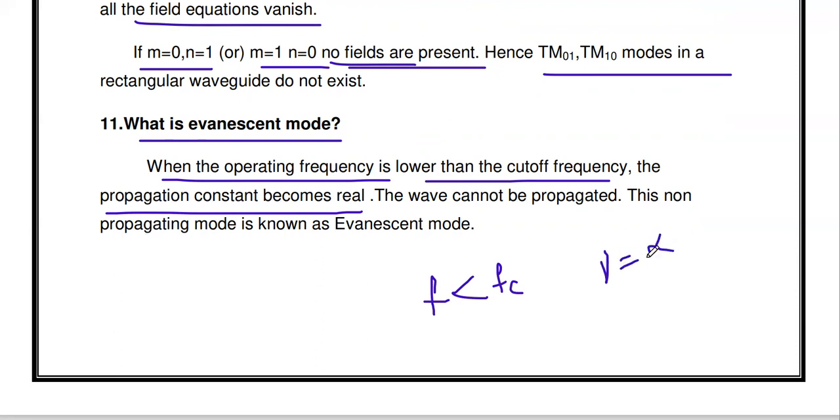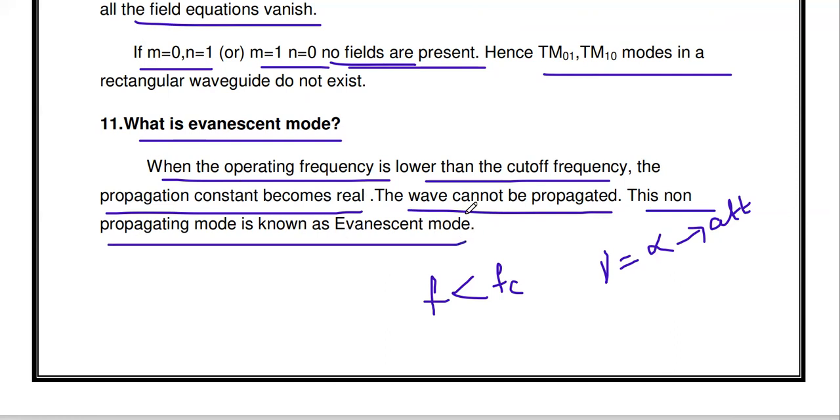The real part of the propagation constant is said to be the attenuation factor. If the propagation constant becomes real, the wave cannot propagate. Wave propagation does not occur. So this non-propagating mode is called evanescent mode.